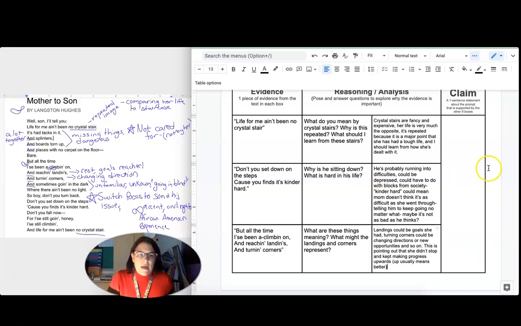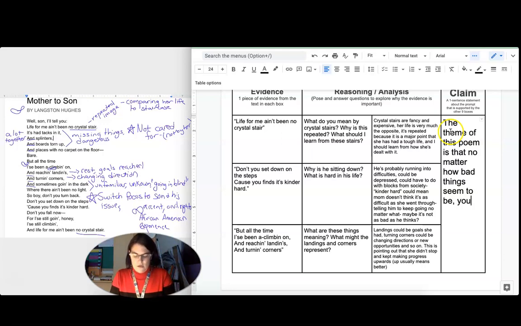So now I'm going to go back up to my question. I know my question is, what is the theme of this? So now I want to say the theme of this poem is that no matter how bad things seem to be, you can find a way around them and keep improving.